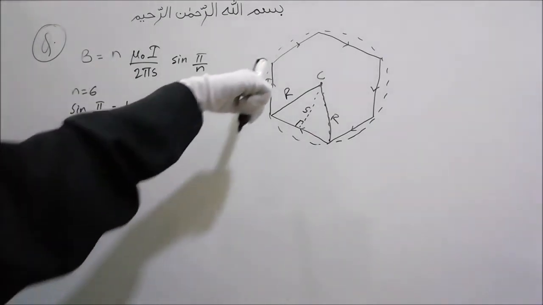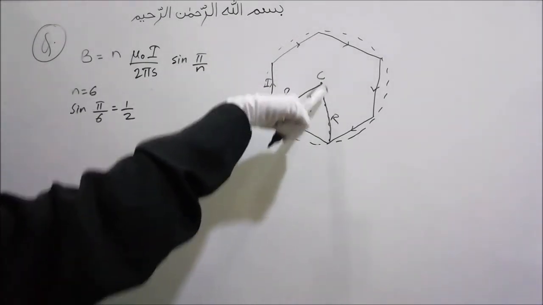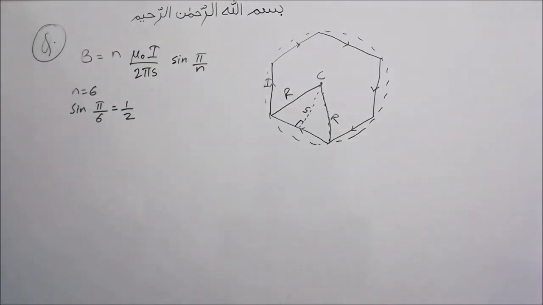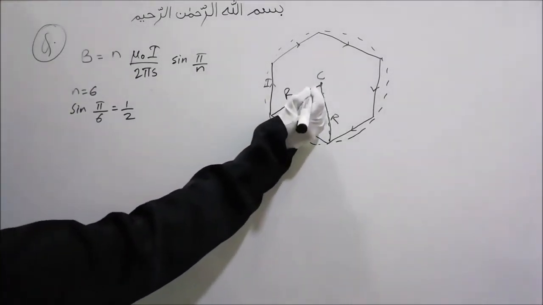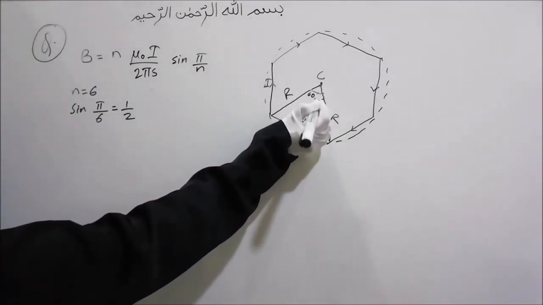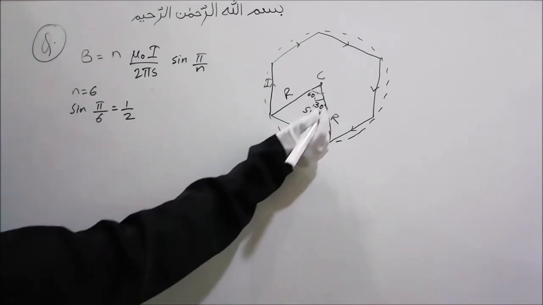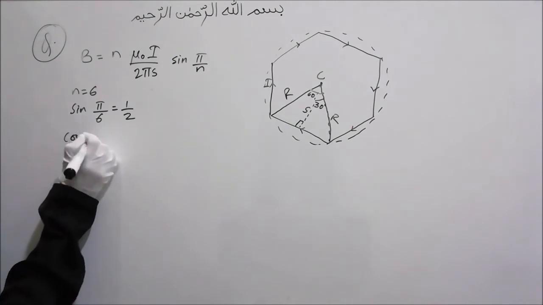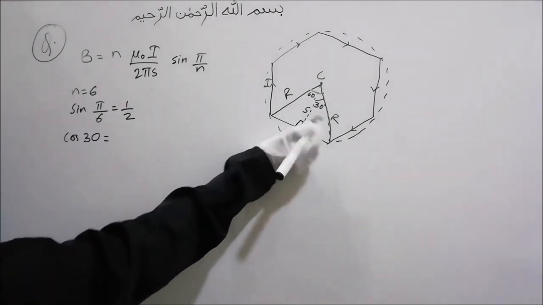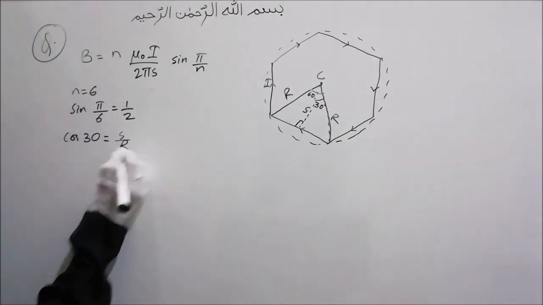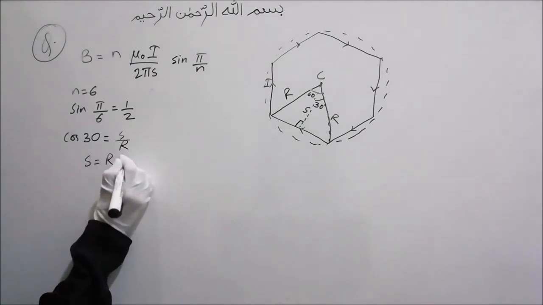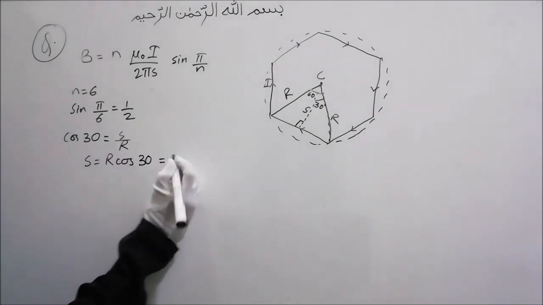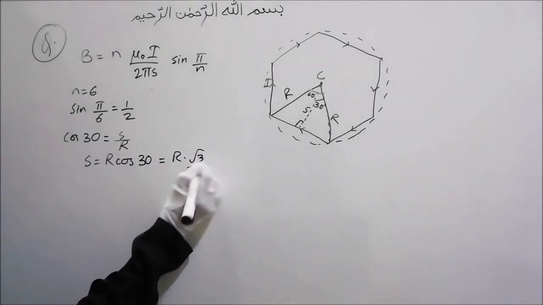Now since this is a hexagon, we know all of these triangles are having angles here 60 degrees. So this angle becomes 30 degree. And then we are having here cos 30. Cos 30 will be equal to adjacent side upon hypotenuse, S by R. So S will be equal to R cos 30, and that will be equal to R into root 3 by 2.